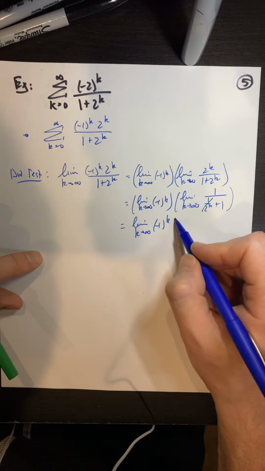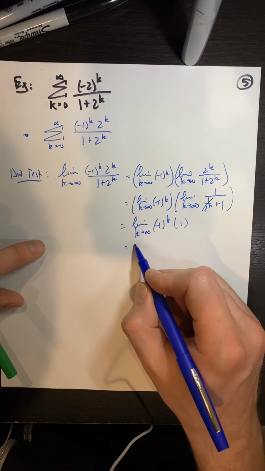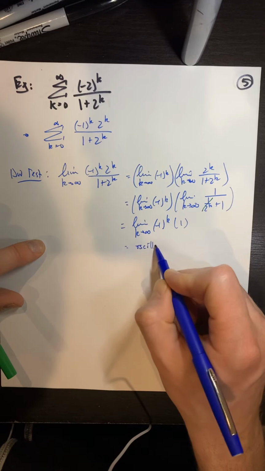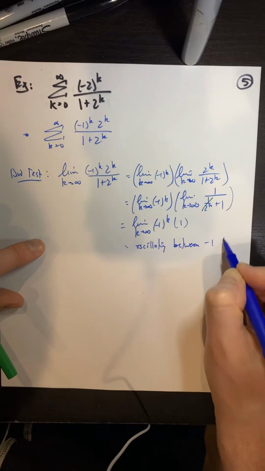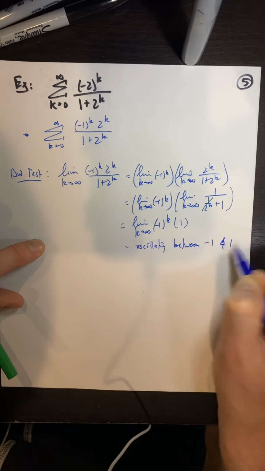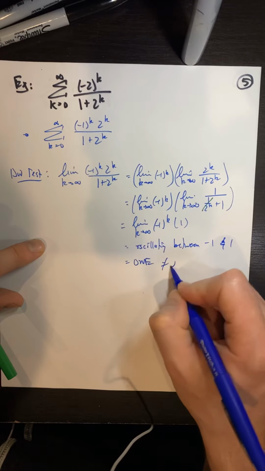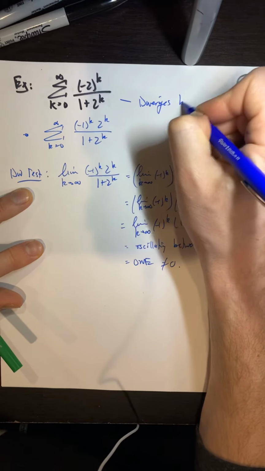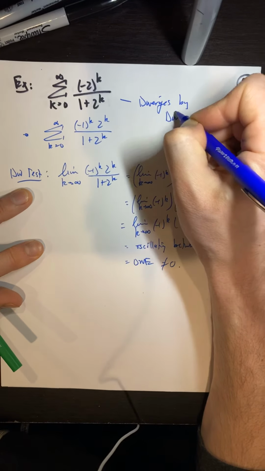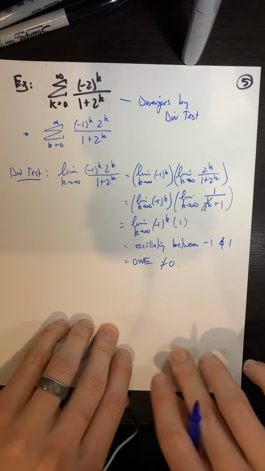And essentially what I have here is the limit oscillating between negative 1 and 1. So it doesn't exist. And doesn't exist doesn't equal 0. So this thing diverges by the divergence test. Okay? So that test is always available, and we always have to remember that.